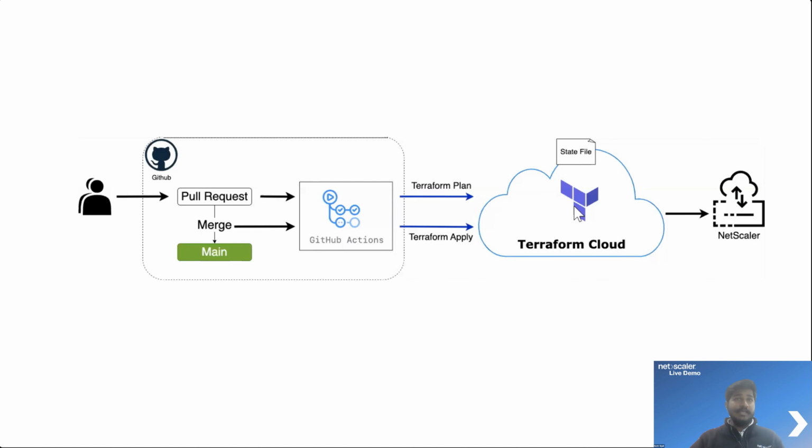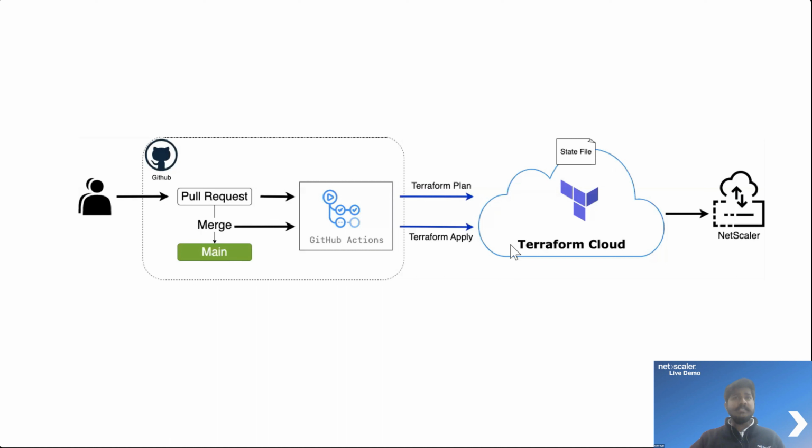When the Terraform configuration is applied to the NetScaler, a state file is generated, and this state file resides inside Terraform Cloud, where it is well managed and secured. This state file is not at all exposed to the local repository or local backend.